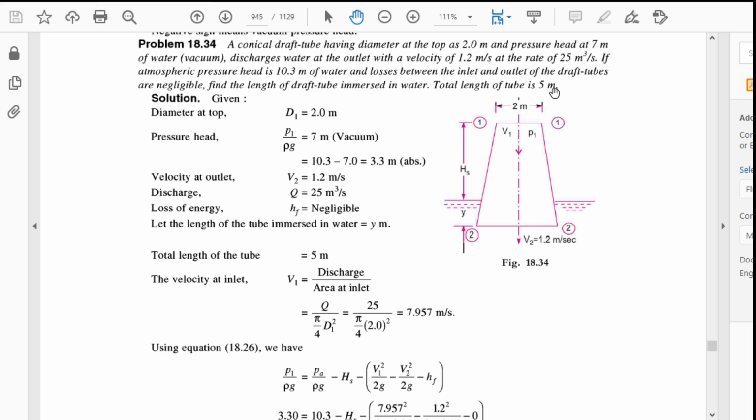The pressure head is given as 7 meters, and the velocity is also 1.2 at outlet, and the discharge is 25 meter cube per second.